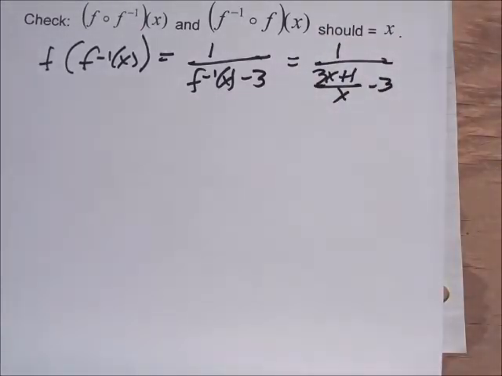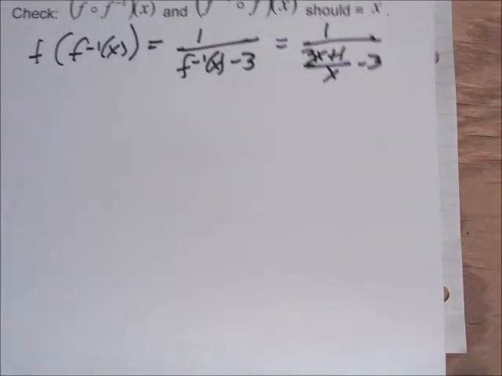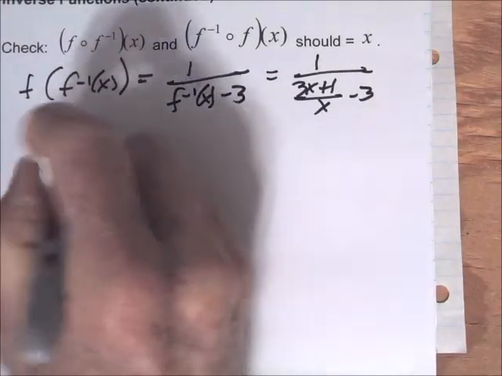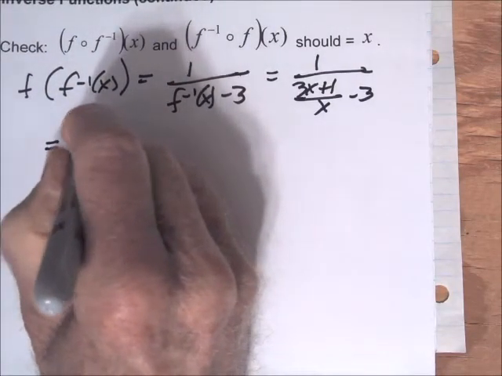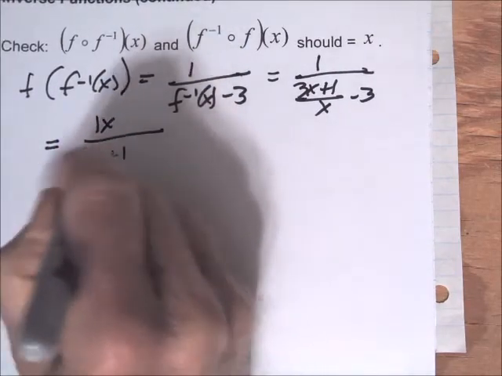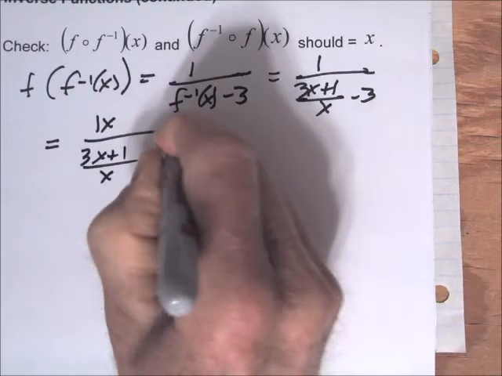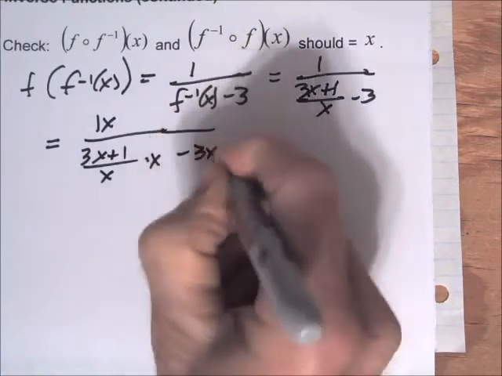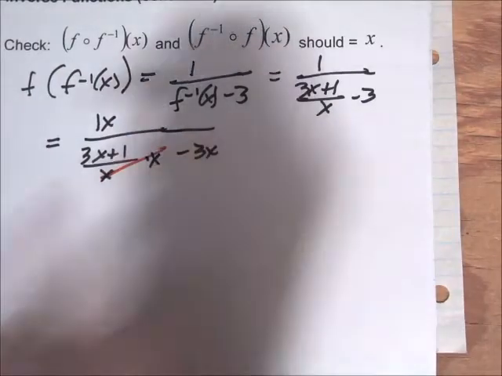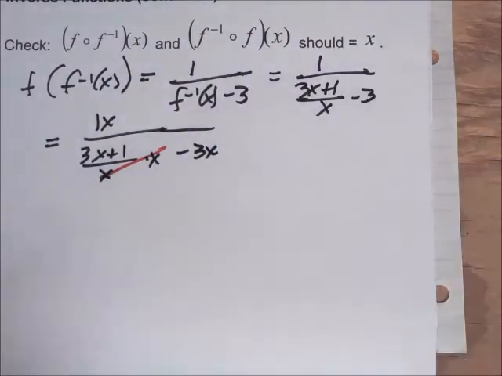And then we have a fraction within a fraction. So we want to multiply each term by the denominator of the inside fraction. So we'll have 1 times x over 3x plus 1 over x times x minus 3 times x. So the x's will cancel here. 1 times x is just x.